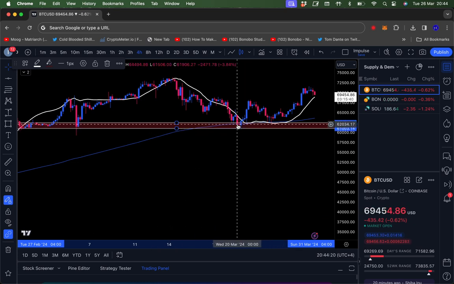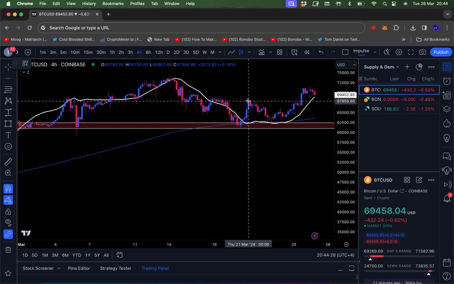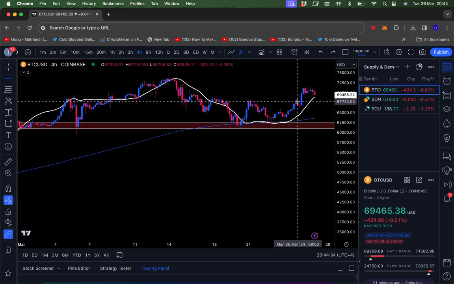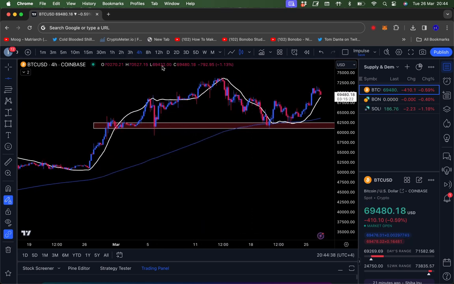So this was a decent long. It bounced a bit from there, rejected 69K, which is the previous all-time high region, as we all know, and then it retested again before moving upwards, and now it's just dropping and trying to find its footing after cooling off for quite a while.